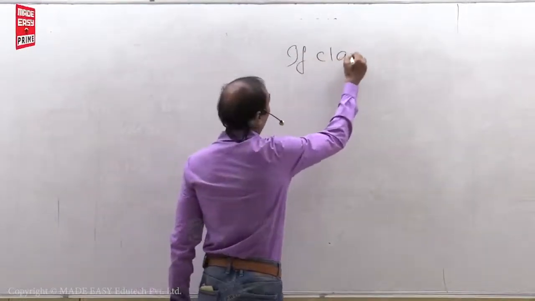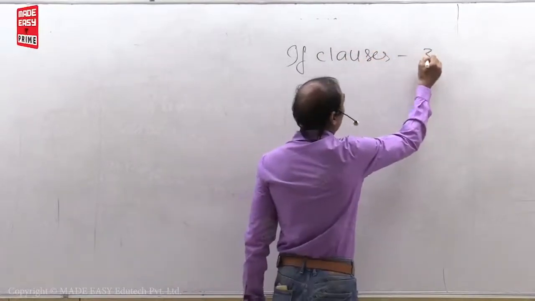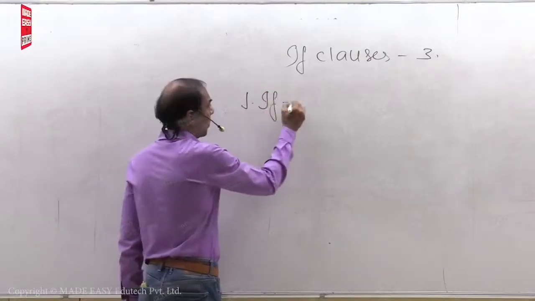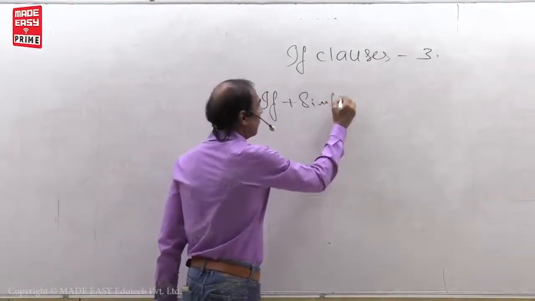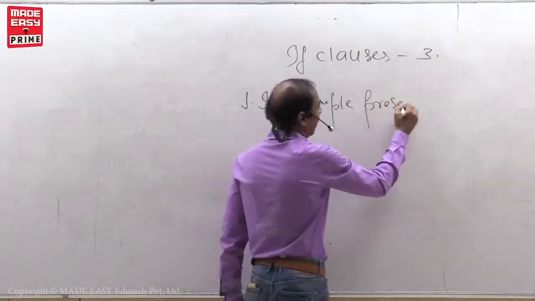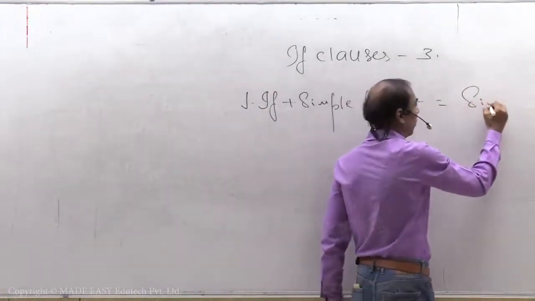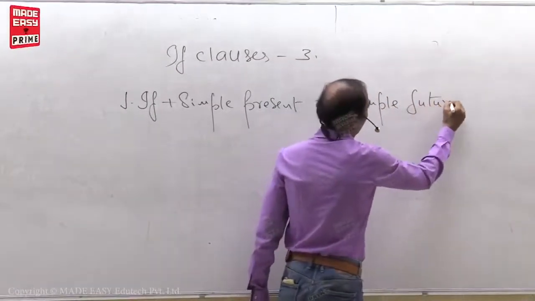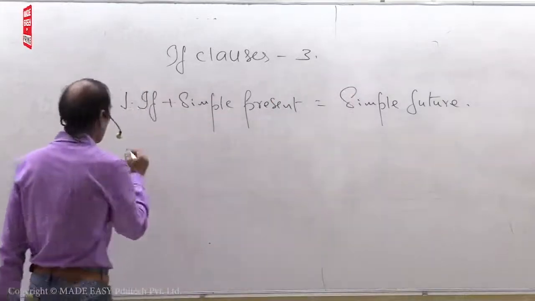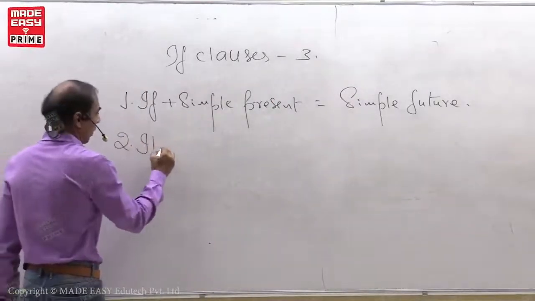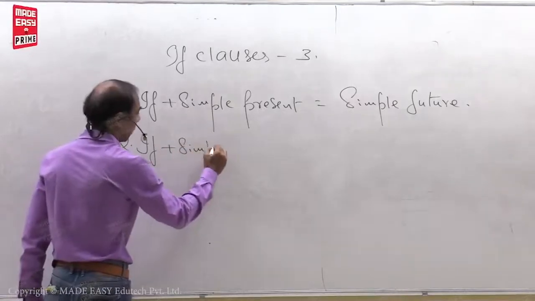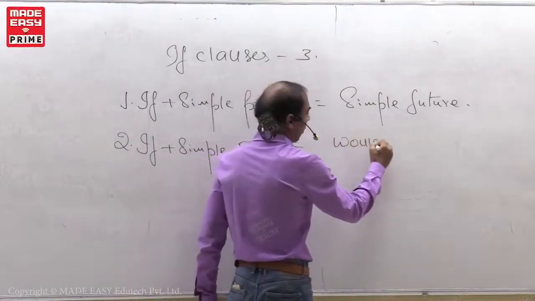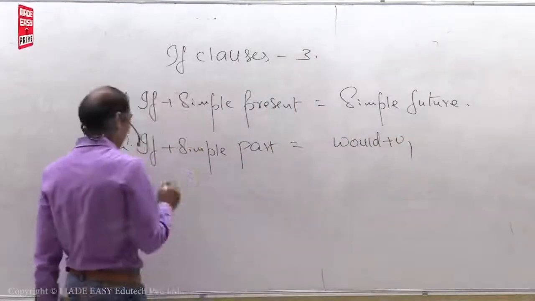Next, take the small topic: if clauses. Mainly 3. 1: if plus simple present is equal to simple future. If plus simple past is equal to would plus V1.